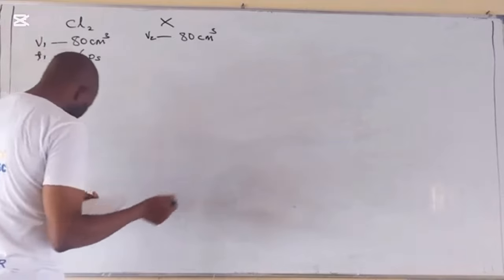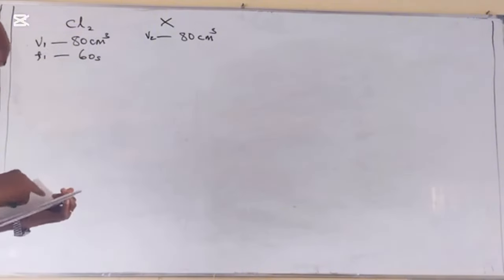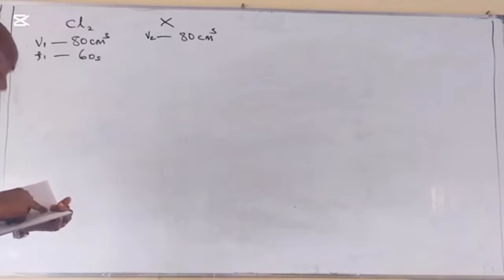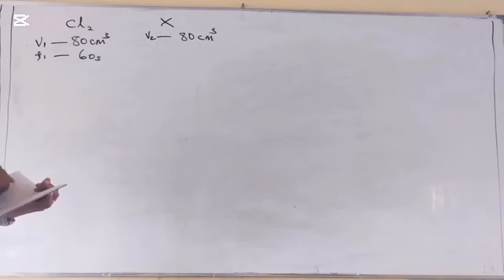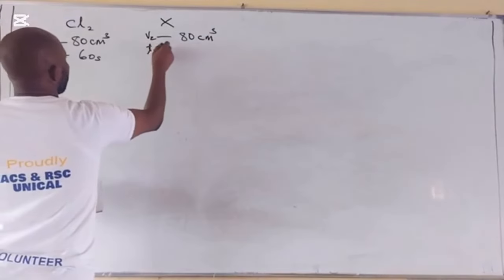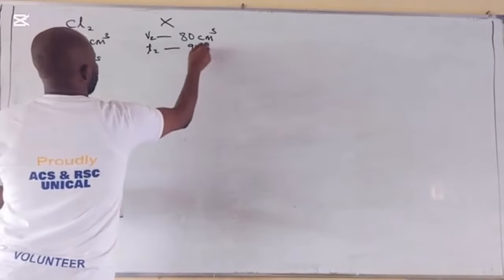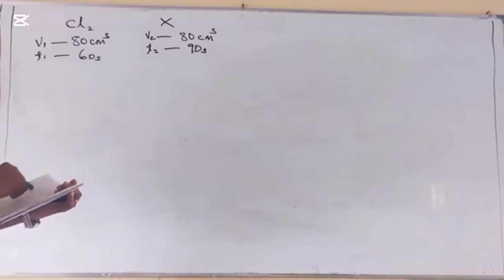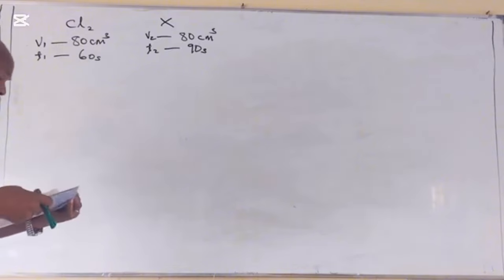Sorry, it seems I skipped something. It takes 90 seconds, T2 is 90 seconds, for the same volume of an unknown gas to diffuse through the same pot. Calculate the relative molecular mass of the unknown gas.